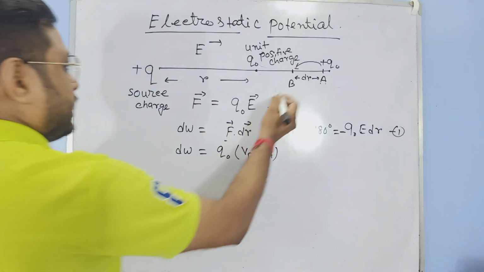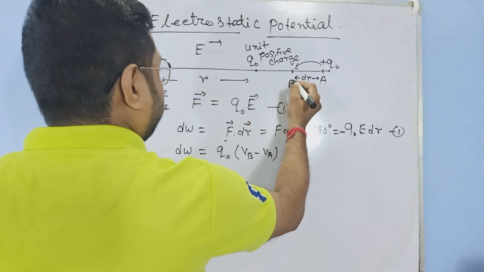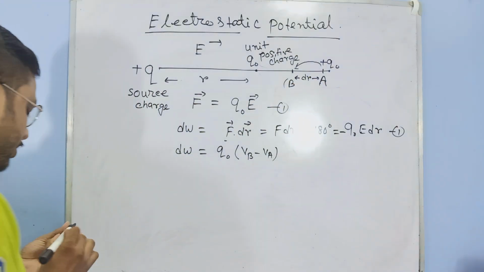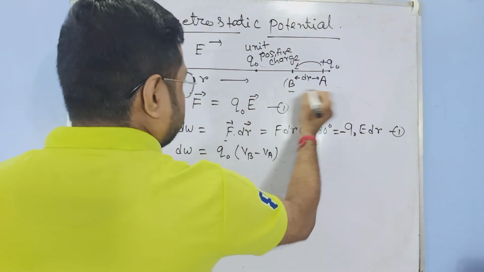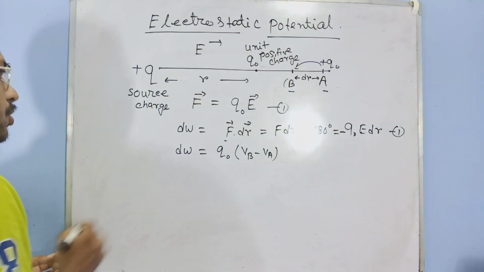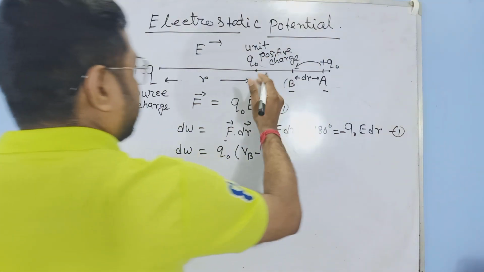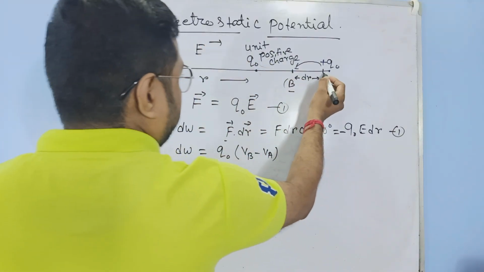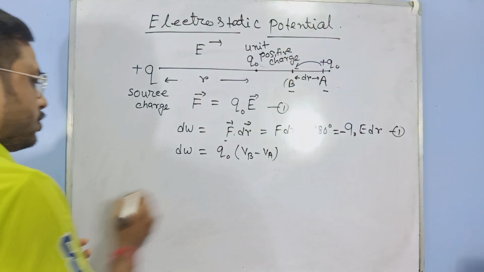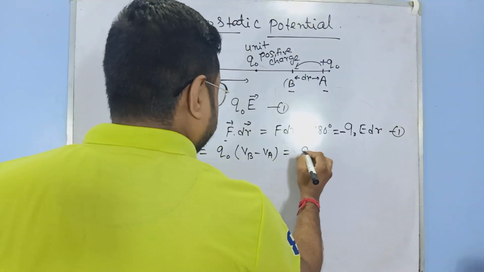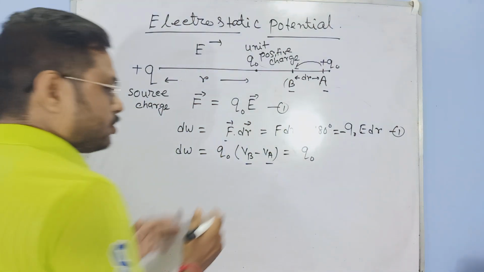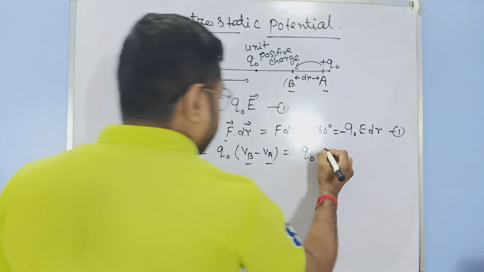VB minus VA is taken as the potential of the final point minus the initial point, as the potential of B is higher than A. So we have to do some external work to bring the test charge from A to B. If VB and VA are nearly equal, their difference is very small, so we can take it as dV.